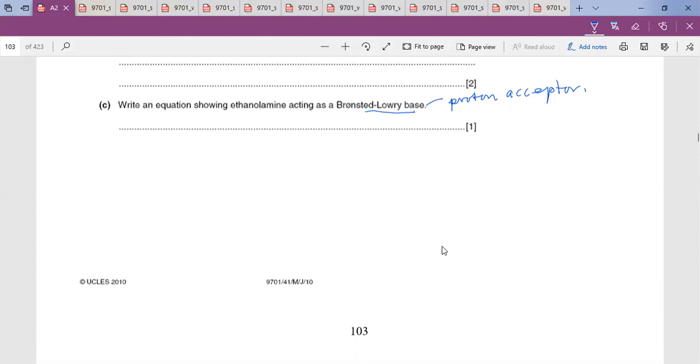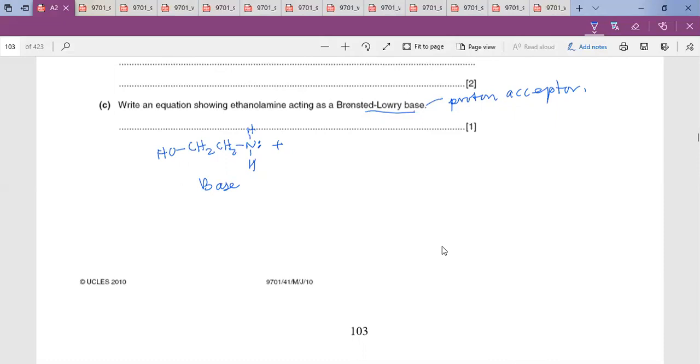Of course, the alcohol group will not be the one acting here. Alcohol is a very mild weak acid, not a base. This part here is the base, with the lone pair. If it's a base, you must write it with an acid, it must be a proton acceptor.